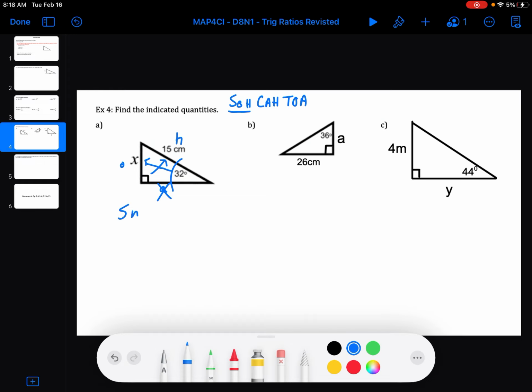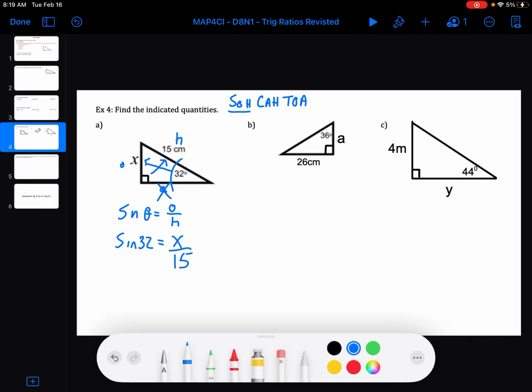So we're going to have sine theta equals opposite over hypotenuse. Now I'm going to start subbing things in. The angle I'm using is 32, so I'm going to have sine 32 equals x over 15. Now I'm going to put some stuff into my calculator.